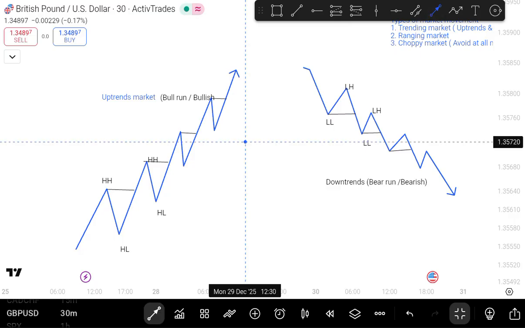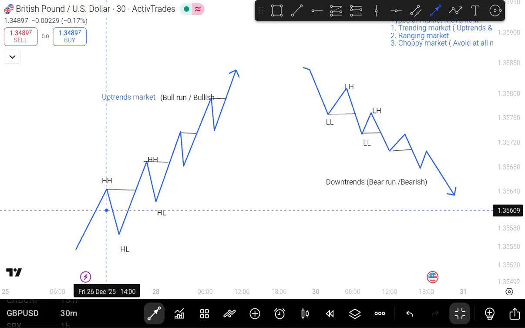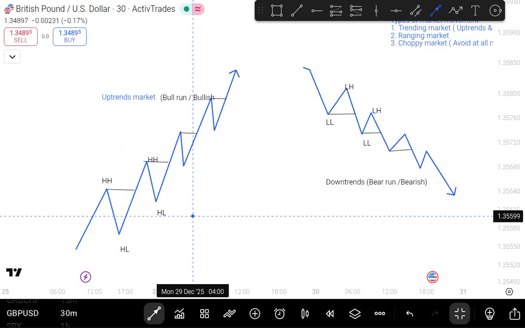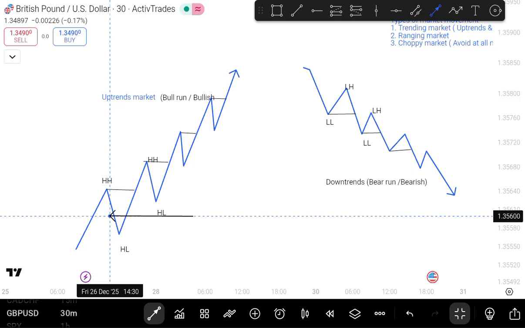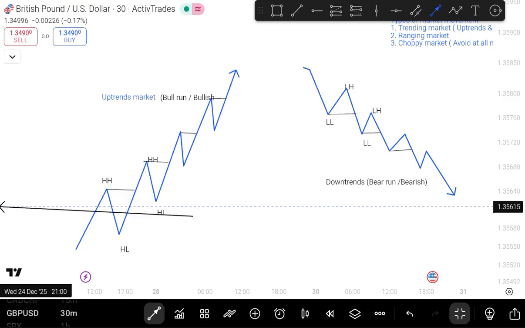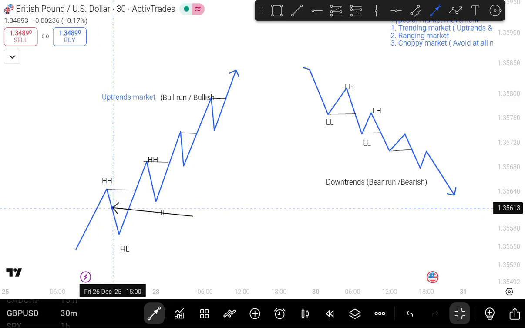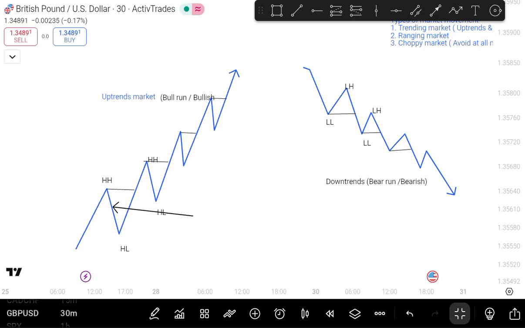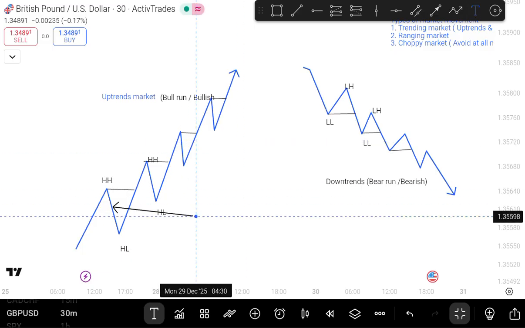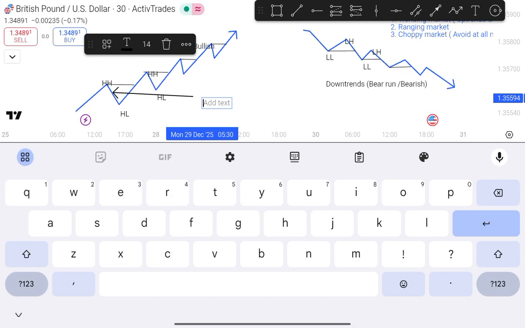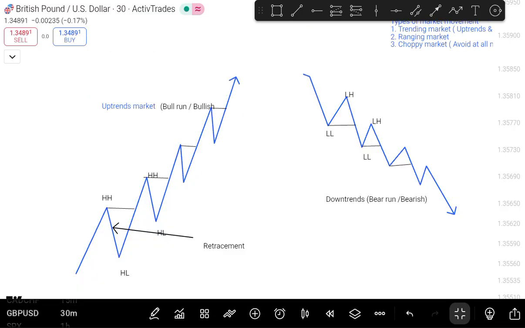Now this part that is retracing is called the retracement.